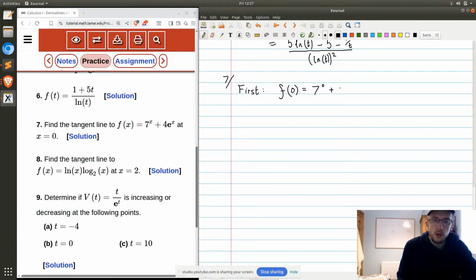So we get 7 to the 0 plus 4 times e to the 0, which is 1 plus 4, which is 5. So (0, 5) lies on the tangent line.